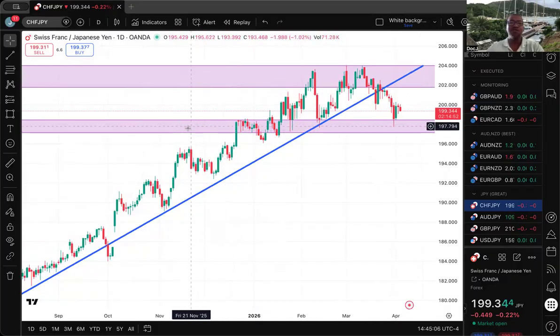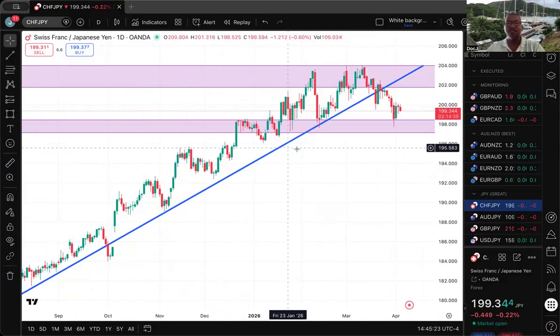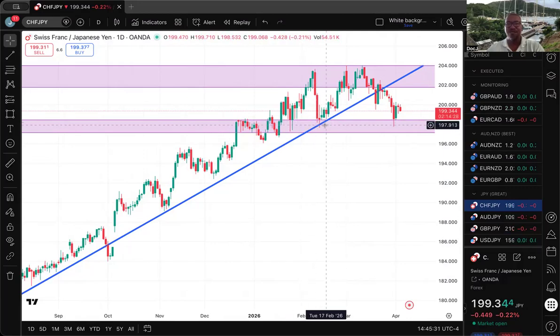So if we know that price rejects an area of support, and if we know that price rejects an area of resistance, it then follows logically that if we have a point at which the trend line crosses that area of support or resistance, then when price reaches that area, there's a stronger likelihood that price is going to reject that area. And we see that happening right here.